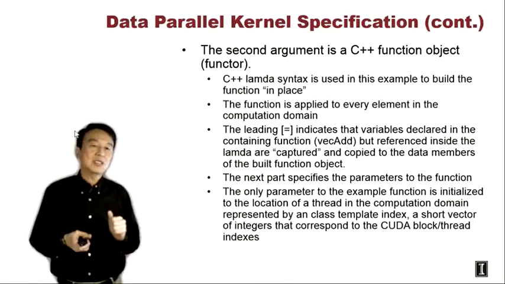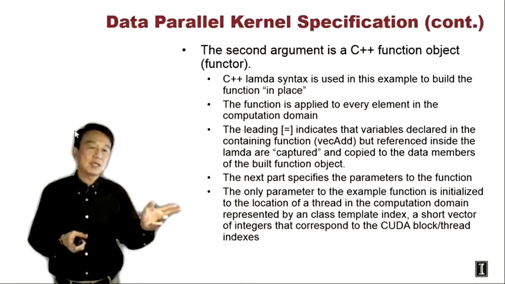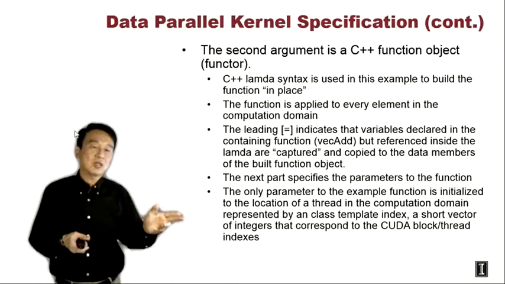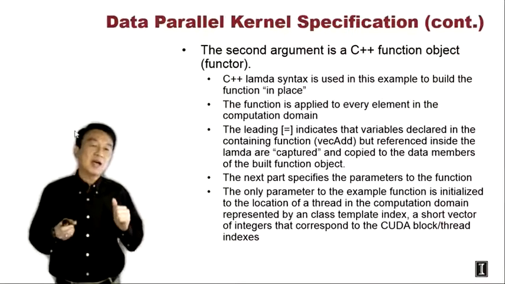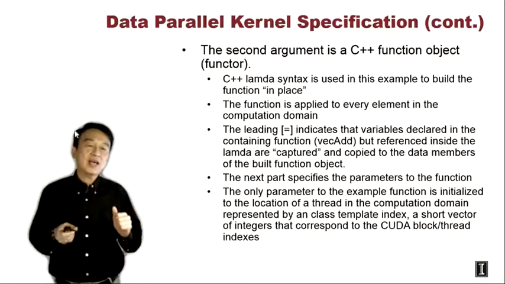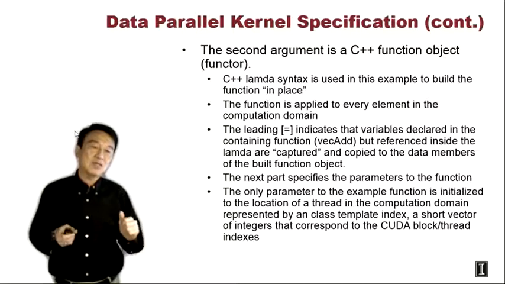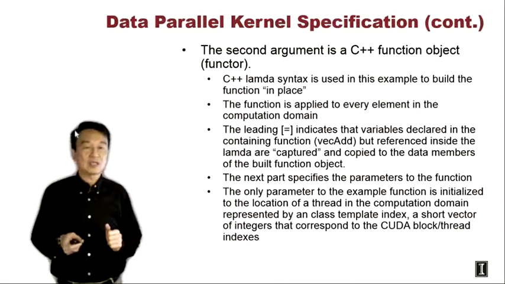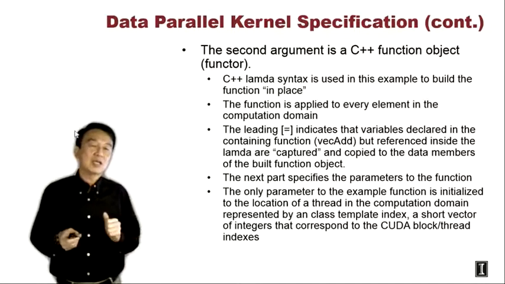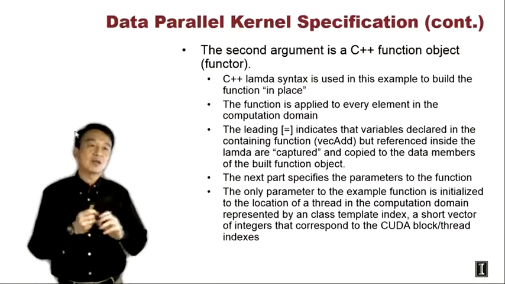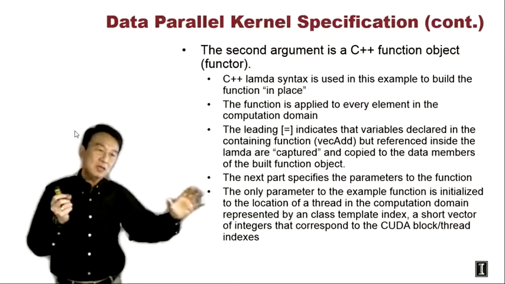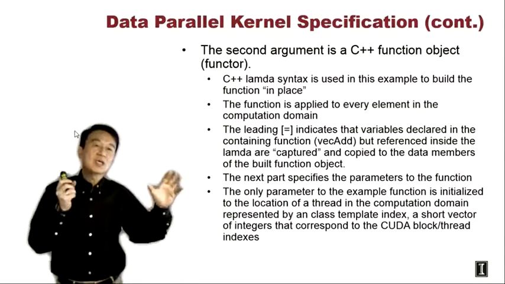In this example, we have a template index, which is a short vector of up to 3 dimensions of integers, and that corresponds to the CUDA global index. In fact, these values correspond to the CUDA expression blockIdx.x times blockDim.x plus threadIdx.x, that familiar indexing expression that we use to cover the entire dimension of elements in each dimension.